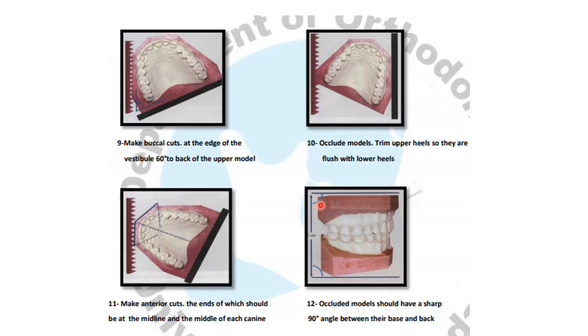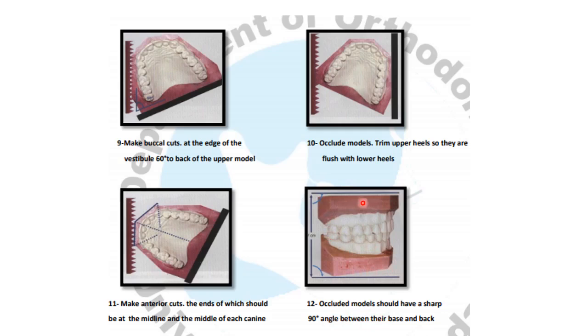They should be together. Then make the anterior cut in the upper, the ends of which should meet at the midline and the middle of the canines. Occlude the models, and they should have a sharp 90-degree angle between their bases.